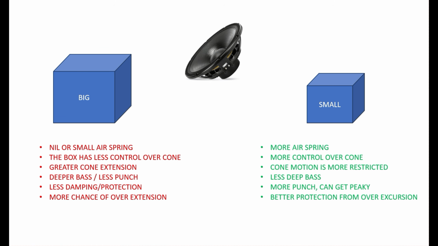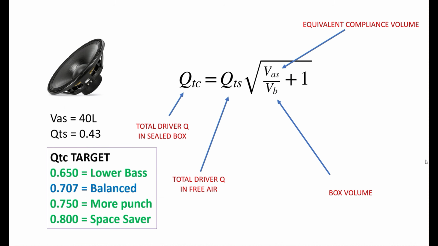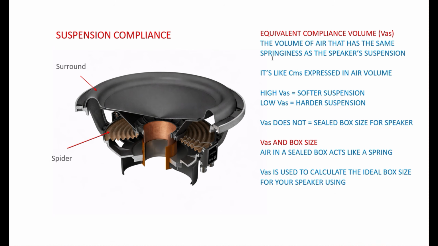So, how do we actually work out the correct size box that we need for a particular speaker? Well, I promised earlier that I would go through it, and now's the time. This is the formula that we're going to use. It is QTC, the resonant frequency in a sealed box, which will use the resonant frequency in free air, the speaker's QTS, and the VAS number, which, if you remember, is the volume of air that has the same springiness as the speaker's suspension.